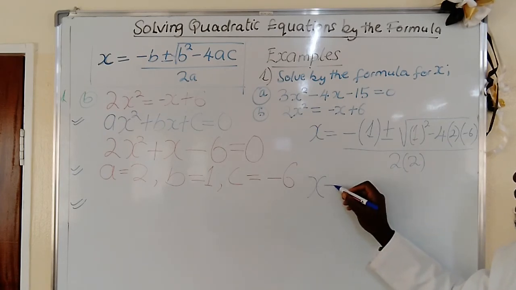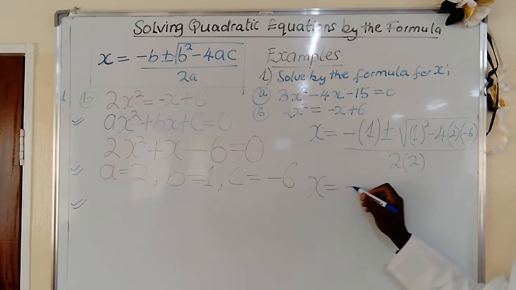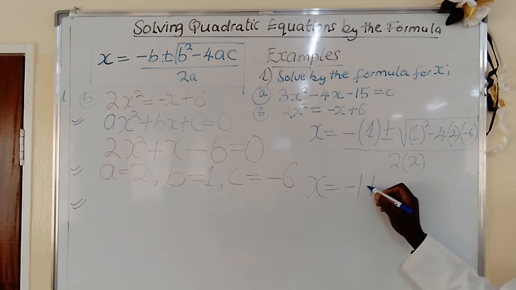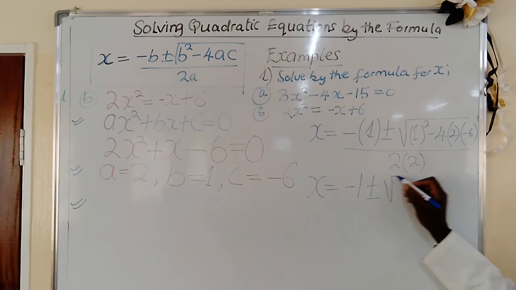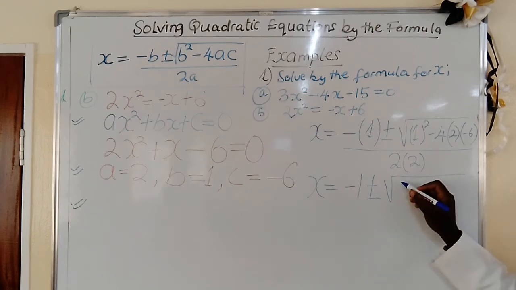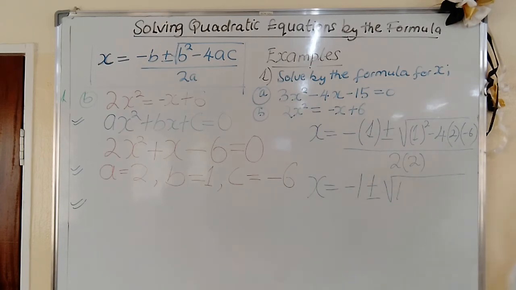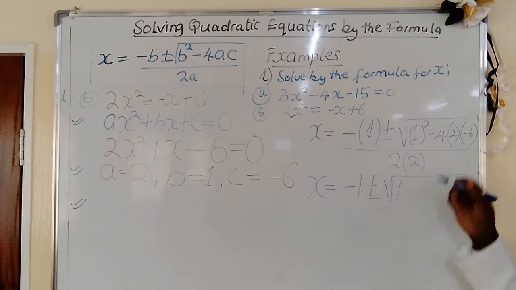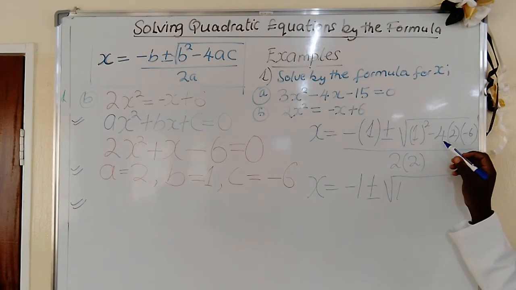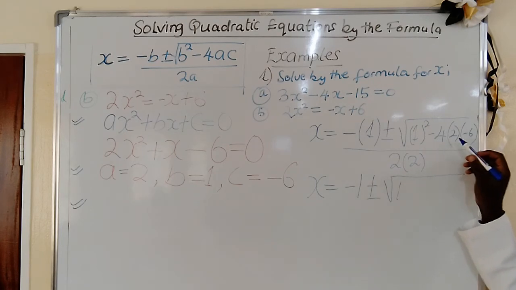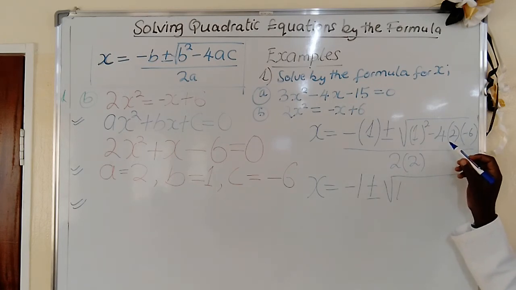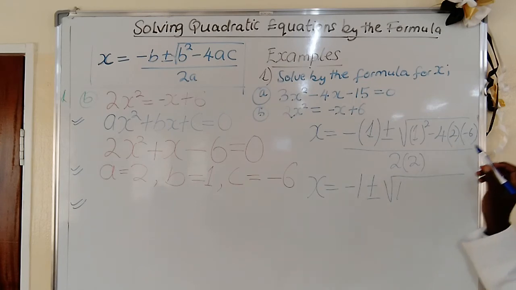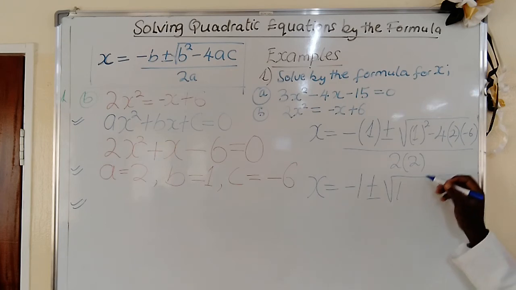x is equal to, here we have negative 1 plus or minus the root of 1. Now, again here, this is where we have to be careful. You say negative 4 times 2 so that you get negative 8. Negative 8 times negative 6, you get positive 48.